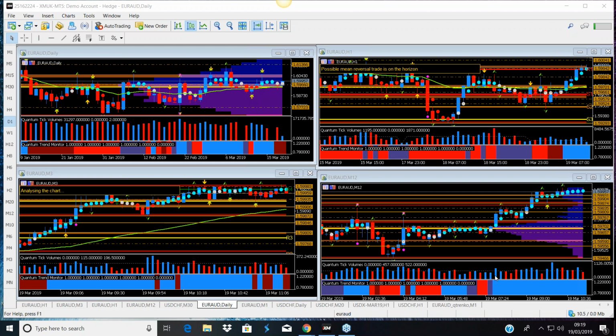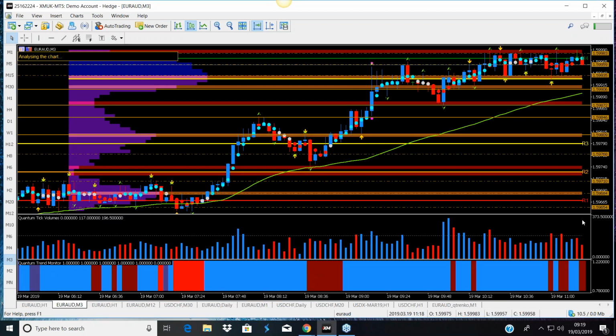The Euro Aussie is a really interesting pair because, first of all, it can deliver some really nice trades, particularly around the European Open. This is the 3-minute chart, and it's a really nice example of what I was saying with regard to low volume nodes, volatility, significant levels, levels that are tested multiple times.